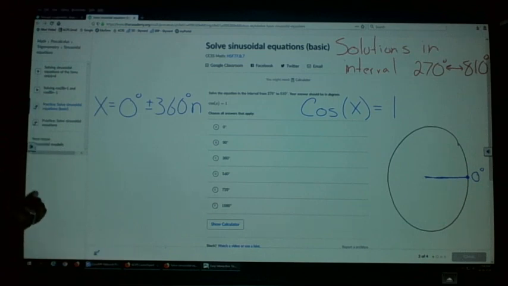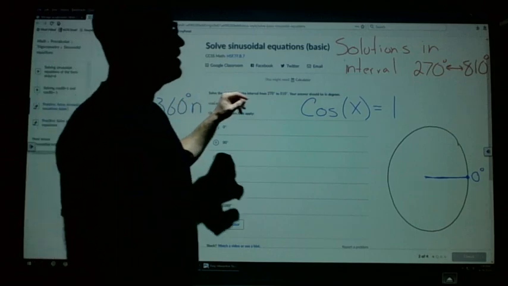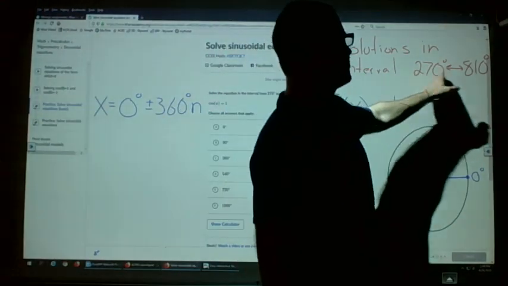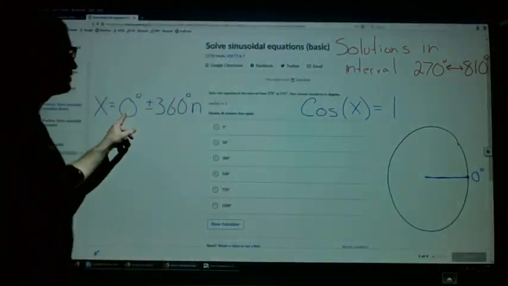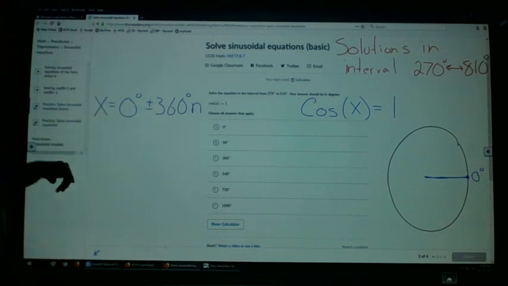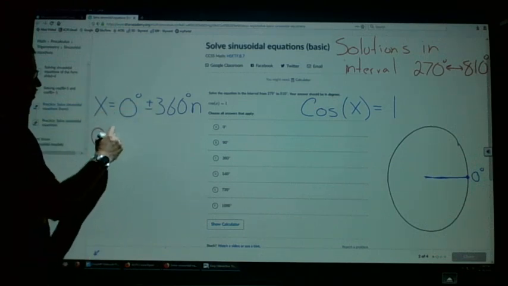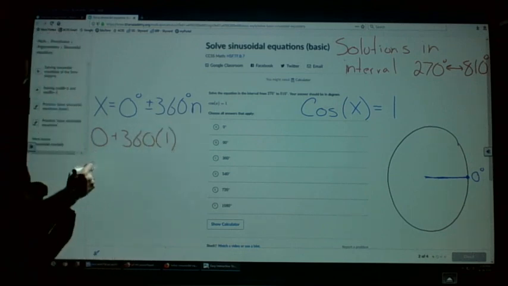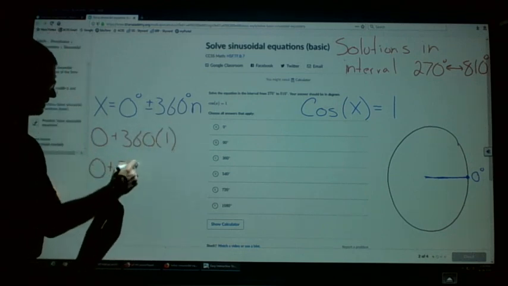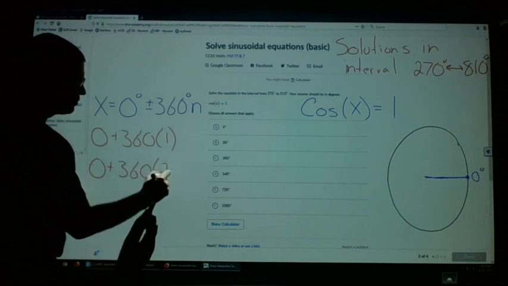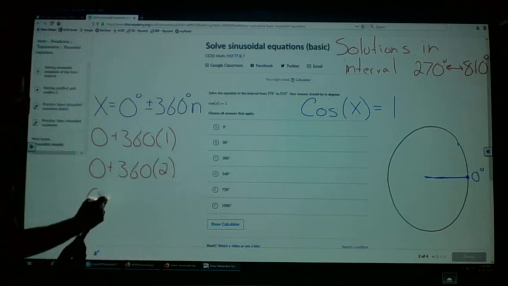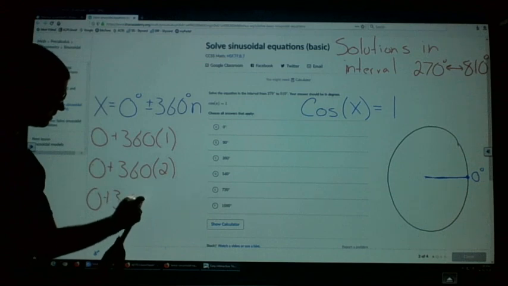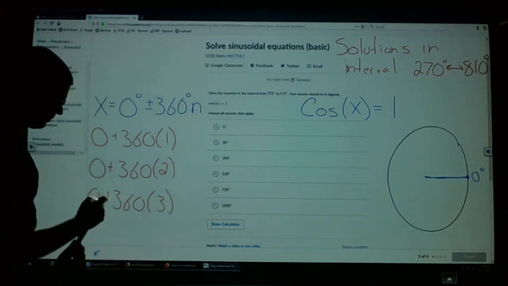Well, first off, I know that 270 and 810, those are bigger than 0, so I'm not subtracting, I'm just going to add. So we're going to kind of step down this way. 0 plus 360 one time, 0 plus 360 two times, 0 plus 360 three times.